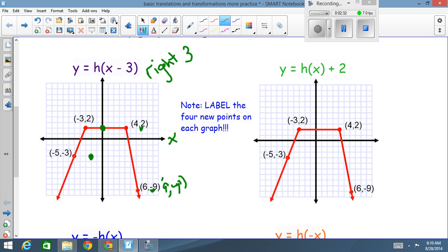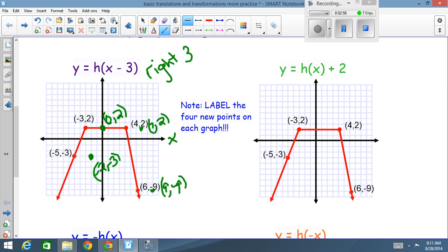I didn't move up or down at all, so that negative 9 stays, but the positive 6 becomes positive 9. This point up here becomes 7, 2, because I'm adding 3 to the x. This becomes 0, 2, because I'm adding 3 to the x. This becomes negative 2, negative 3, because I'm adding 3 to the x.